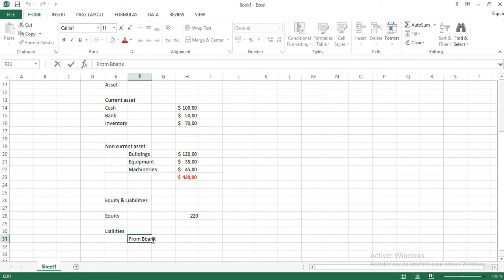If you're buying any product in the market, you can also take it on loan. Assume from the bank it's 150, and from your supplier you have taken inventory on loan valued at $50.